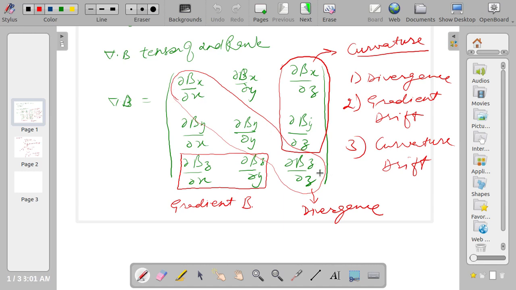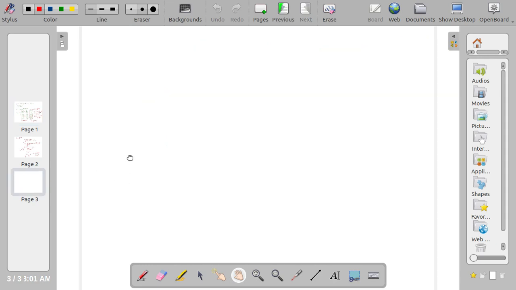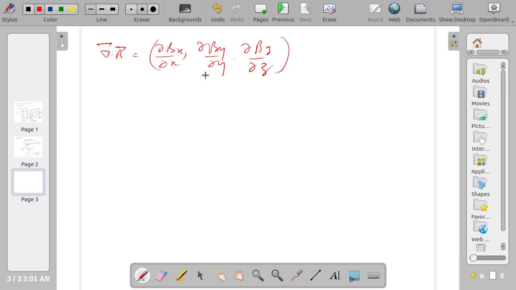I convert these Cartesian coordinates into the corresponding ones, because this is relating to divergence, so del dot B. If I consider the divergence terms, del dot B can be written as curly Bx over curly x, curly By over curly y and curly Bz over curly z. It contains these three terms.